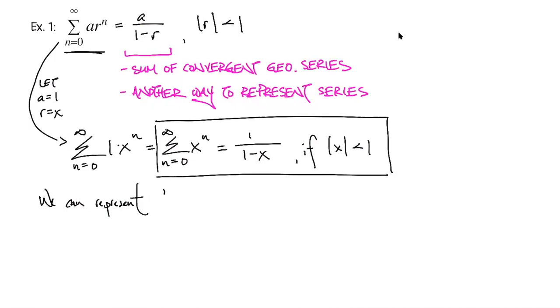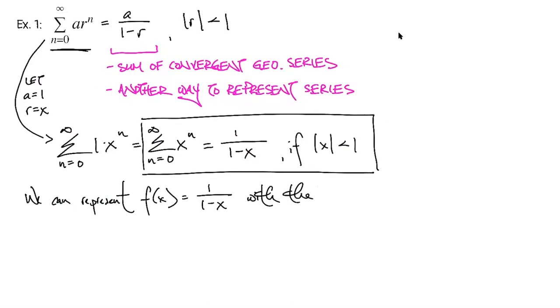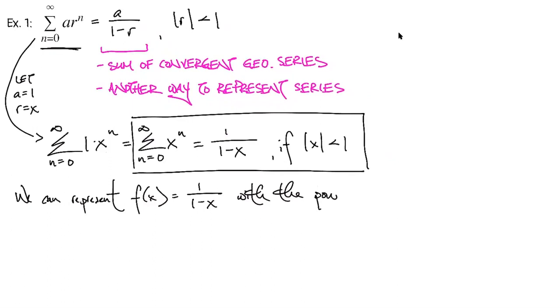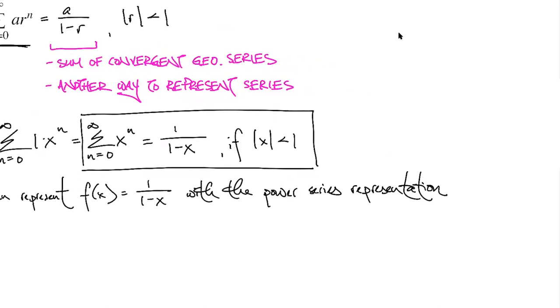If I had a function that was 1 over 1 minus x, I can represent that with the power series representation of what? What is that power series representation that I can write 1 over 1 minus x as?